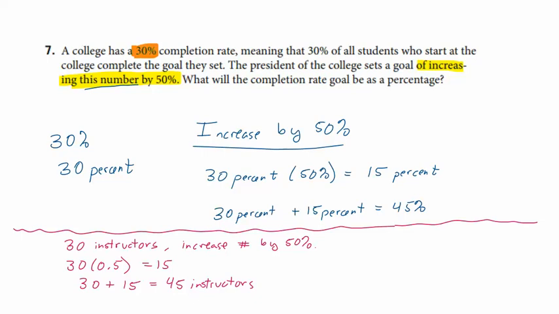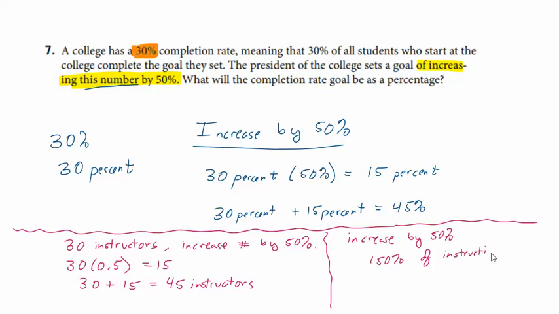Instructor. There we go. Now, I want to show you a shortcut for this, okay? Instead of doing this in 2 steps, multiplying by 0.5 and then adding it on, you can actually do this in 1 step. If we're increasing by 50%, what we really have is 150% of our instructors.